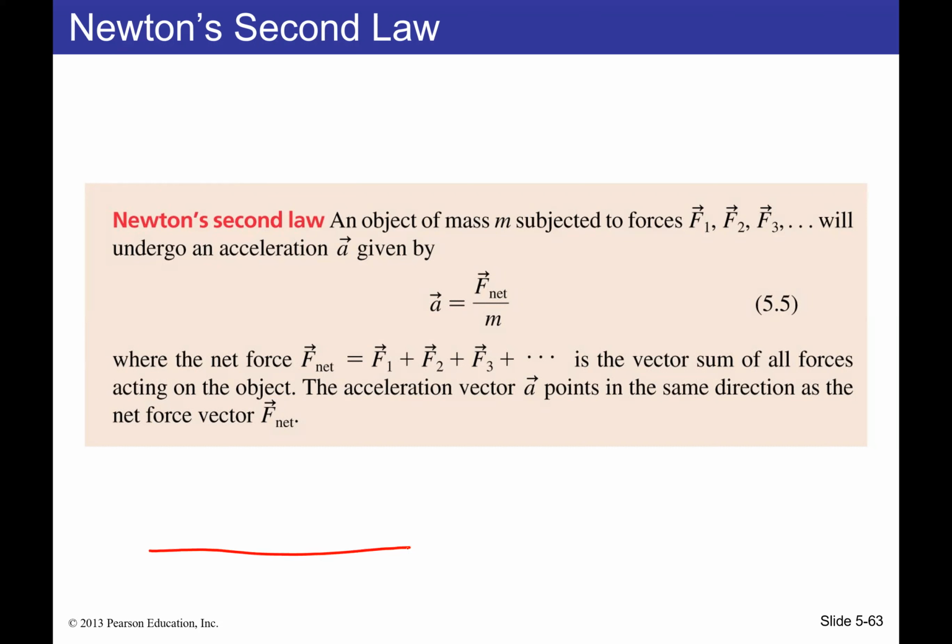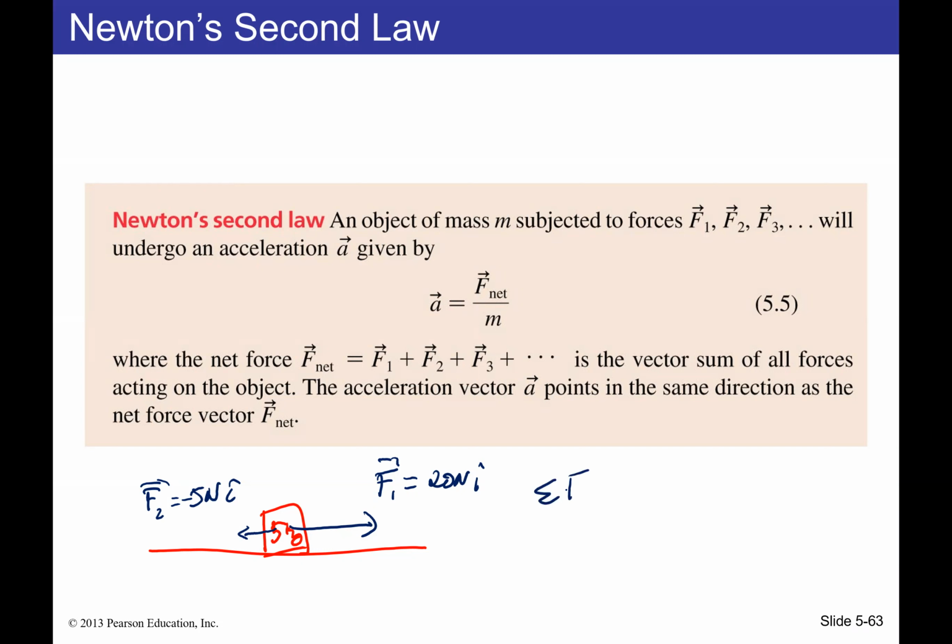For example, if you have an object of 5 kilograms with 2 forces acting on it. Here's F1 with 20 newtons i hat. And here's another force, F2, with negative 5 newtons i hat. Technically I have to draw this as a quarter of the length, because it's a vector, so the length of the force has to be proportional to its magnitude.